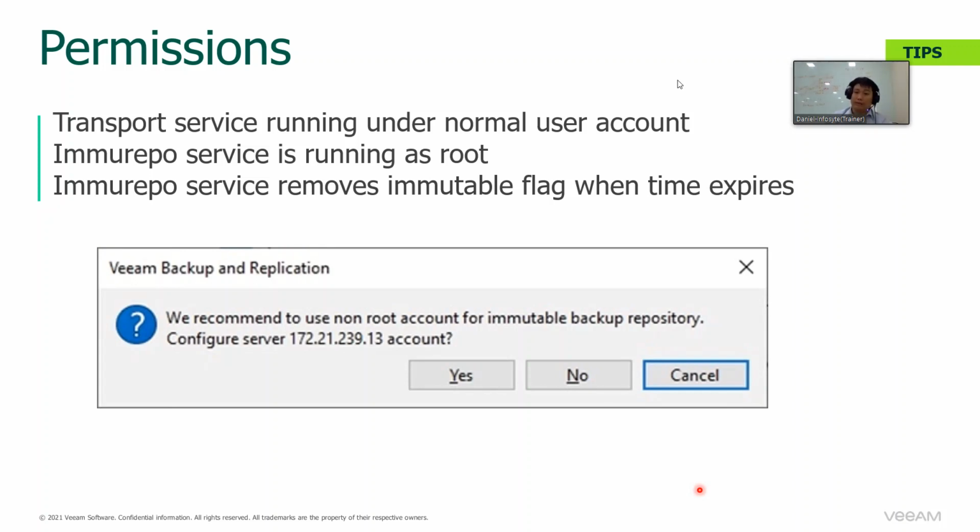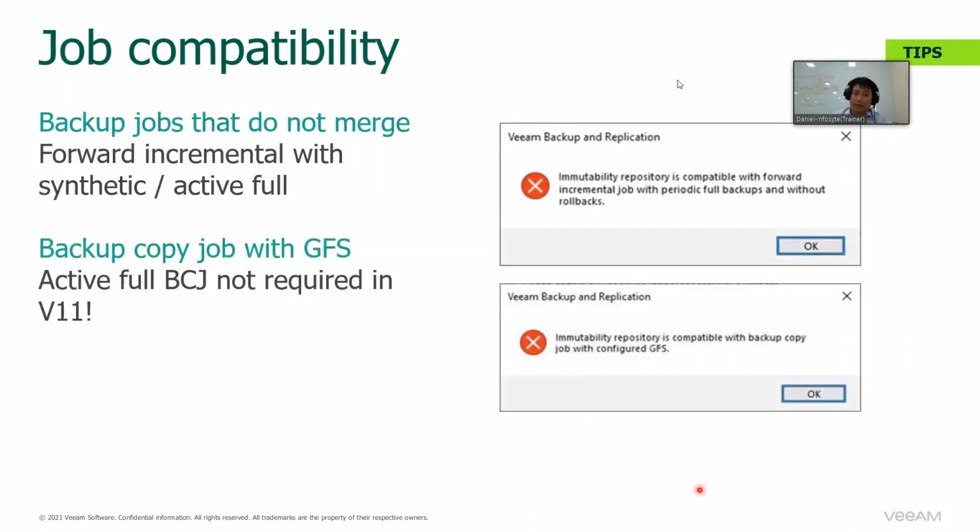Okay, and then next thing, if you plan to utilize an immutable repository, it will actually give you some limitations in job compatibility. If I am planning to use an immutable repository, the backup job will only be able to support forward incremental with synthetic and active fulls here. The immutability repository is compatible with forward incremental jobs, with periodic full backup, and without rollbacks.